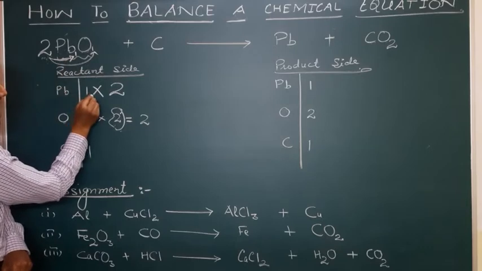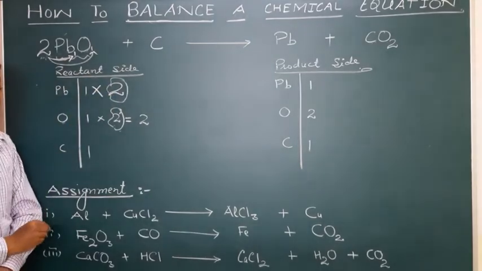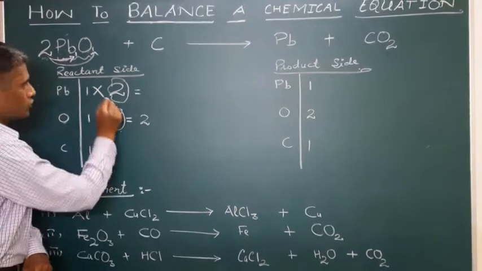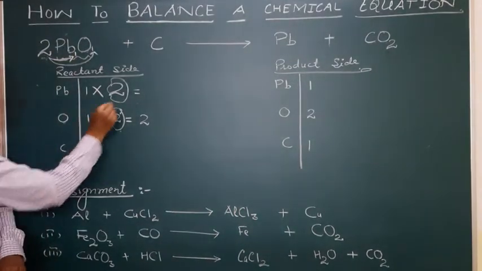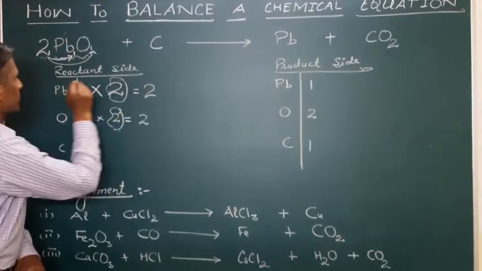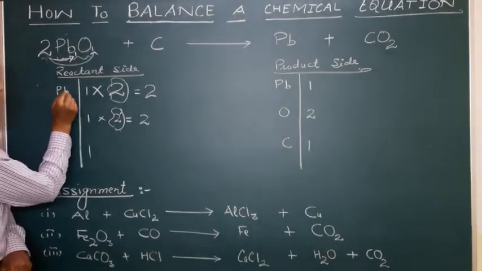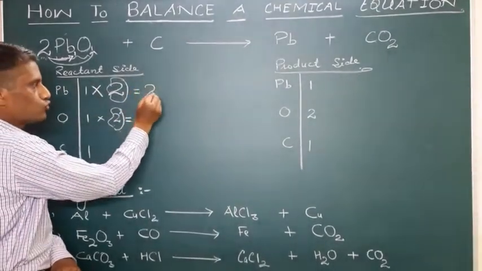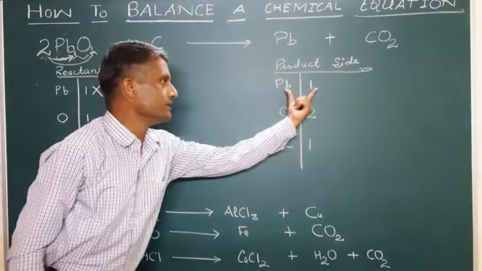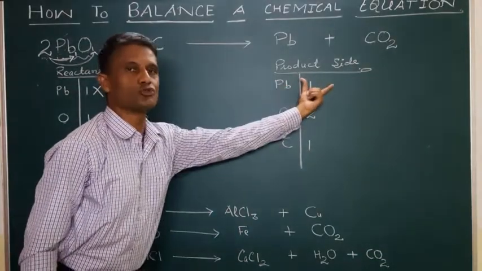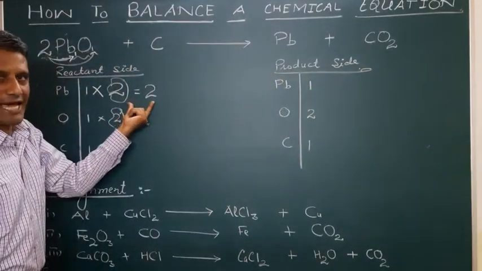Now that one atom of lead is multiplied by 2, it makes the number of atoms of lead equal to 2. But the lead was equal to 1, and now it has become equal to 2.